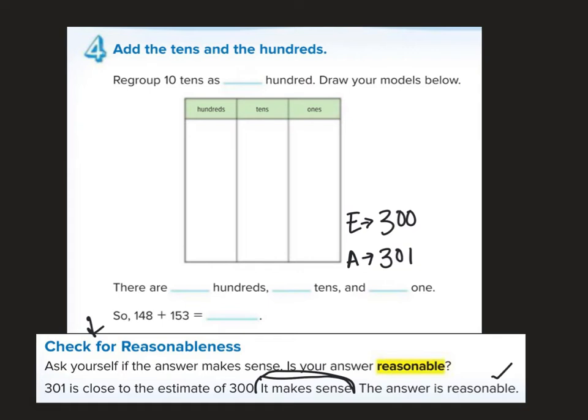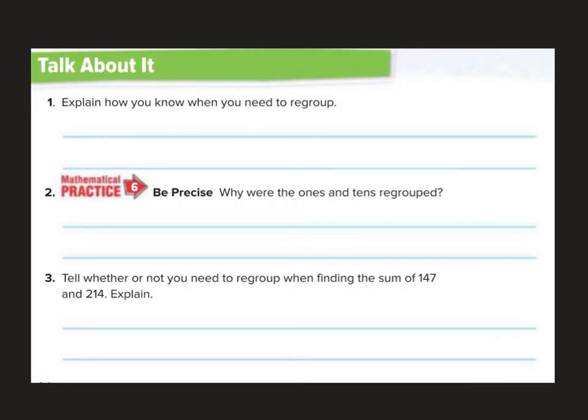All right. Now we just have to talk about it. So I'm going to write on here. You do not have to write down what I'm writing down. I just would like you to listen. So it says, explain how you know when you need to regroup. So I think the biggest thing here is when you have a sum of 10 or more, right?